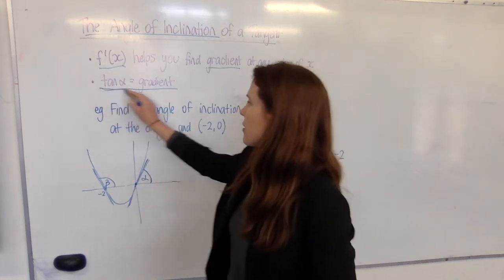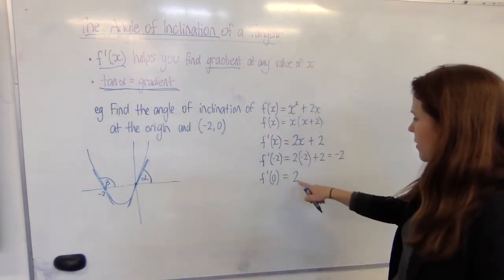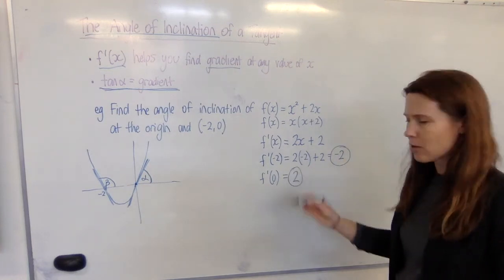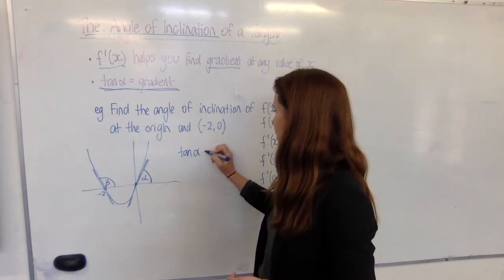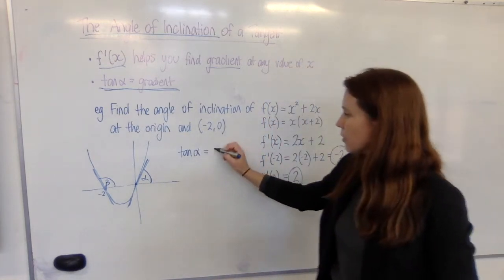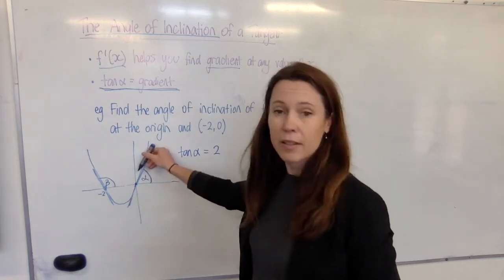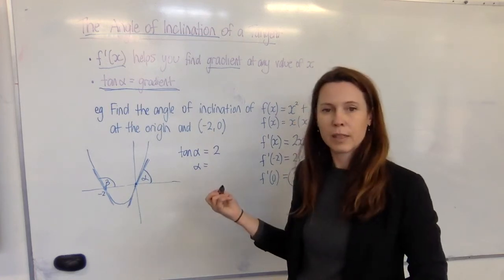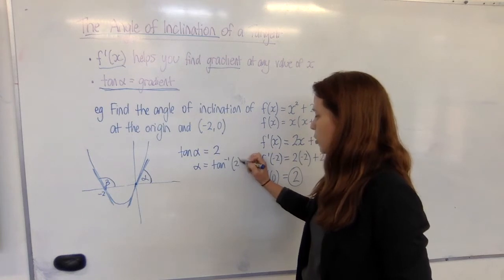Now I need to use this. The tangent of an angle is equal to the gradient. So if I know what the gradient is, let's do this one first. Actually, let's do this one first because it's an acute angle, so it's going to be much easier. If I say the tangent of alpha is equal to 2, because here's alpha, and the gradient of this line here is 2, then how do I find alpha itself? That's right, I need to find the inverse tangent of 2.